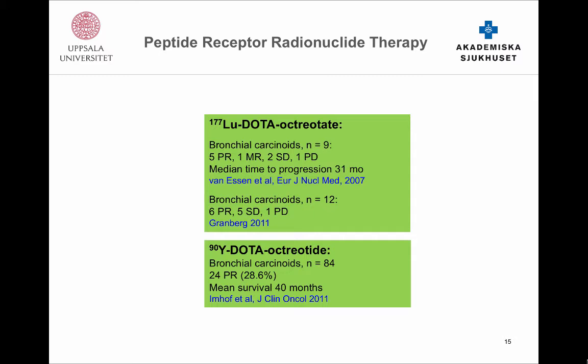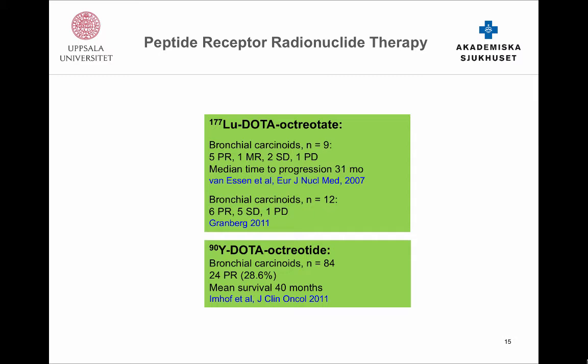Then we have a larger study from the Basel group using yttrium dotatate. They included 84 patients with 24 partial remissions, with a response rate of a little bit lower than 30%. And there again, median survival 40 months. So if you have a response, you have long durations.